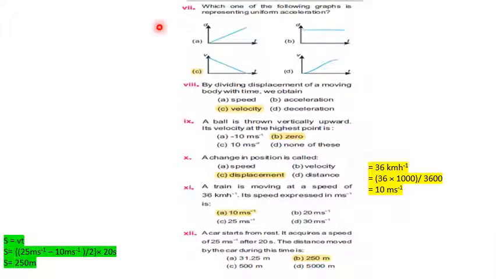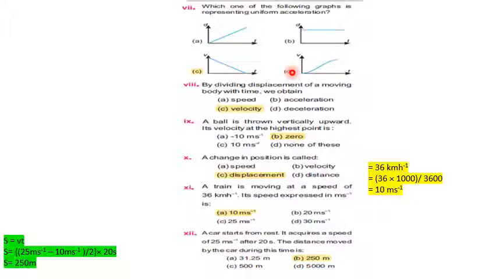Question number 7. Which one of the following graphs represents uniform acceleration? Option A and option B are not correct because they are distance time graphs. Now look at option C and D. In option C, the velocity is changing uniformly with respect to time, but in option D, the change in velocity is not uniform.